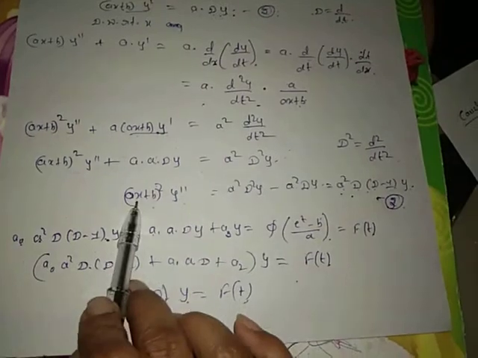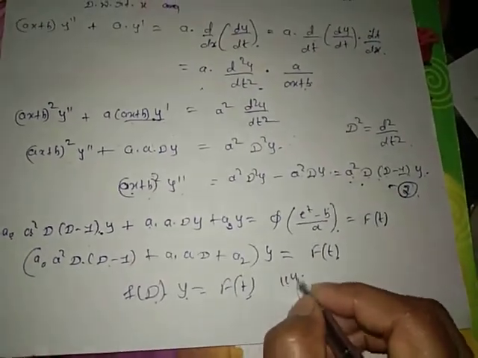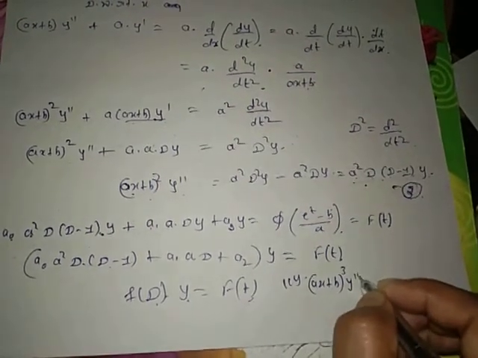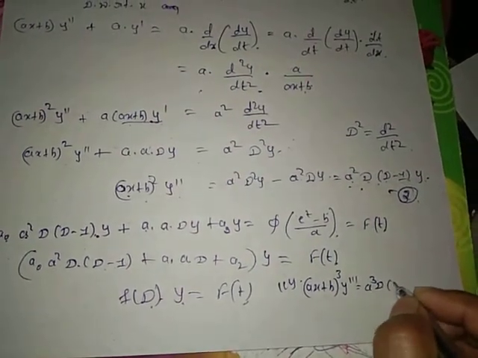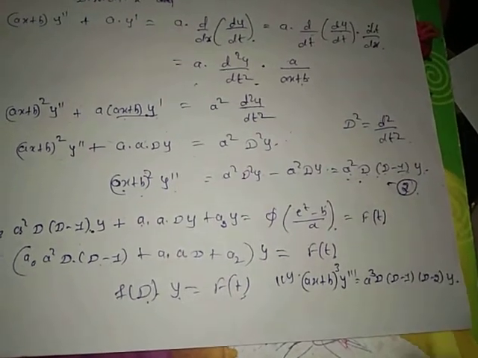Here we have simply taken ax plus b whole square y double dash. Similarly, we can also take ax plus b whole cube y triple dash is equal to a cube d minus 1 d minus 2 of y.